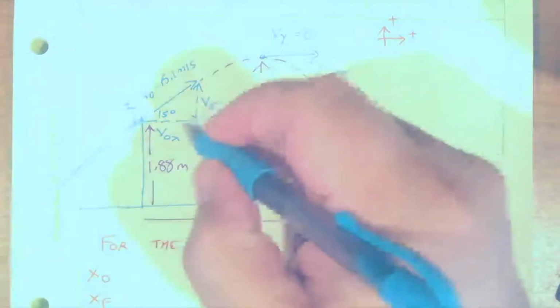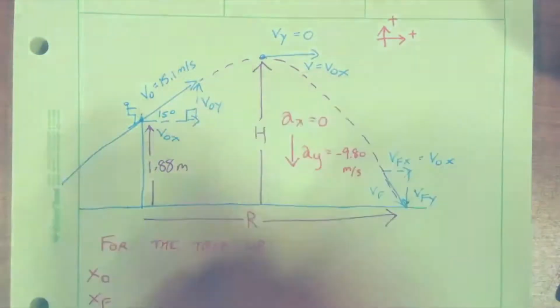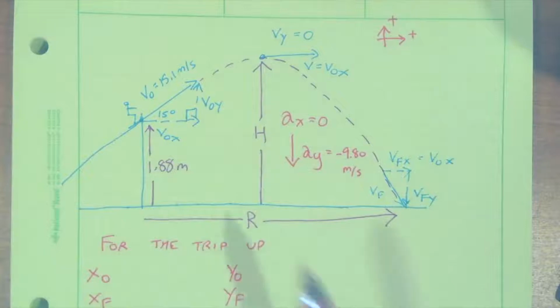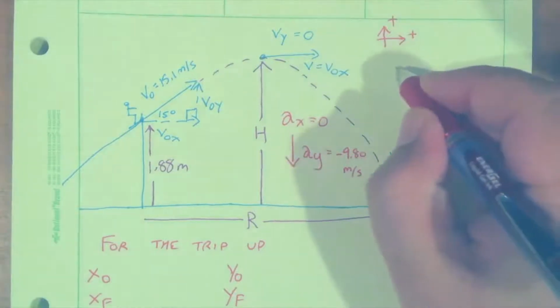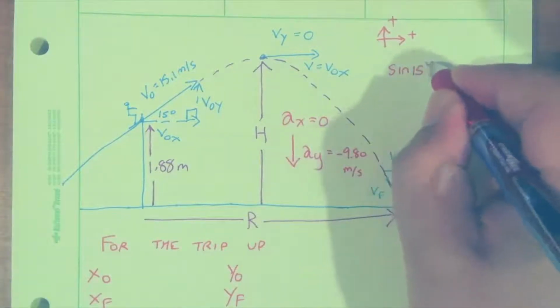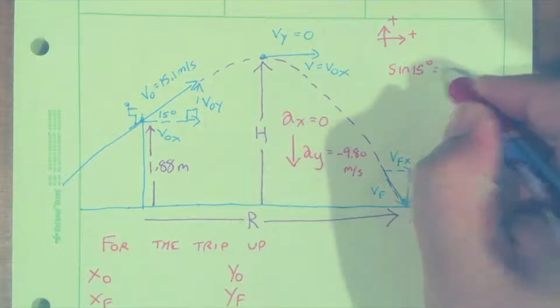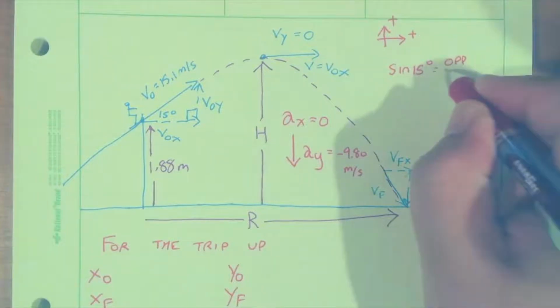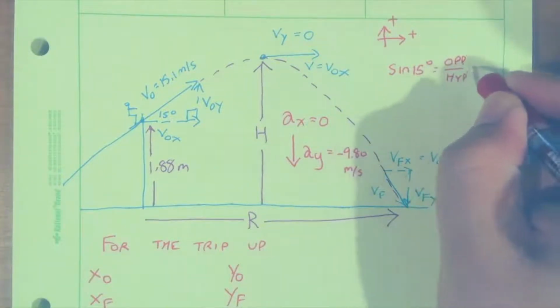Now, as always, x and y make a right angle, and so this right here is a right triangle. And just like we have done in the past with forces, we can take a vector velocity and break it up into its components using the same technique. So we begin with the sine function, sine of 15 degrees. That's opposite over hypotenuse.